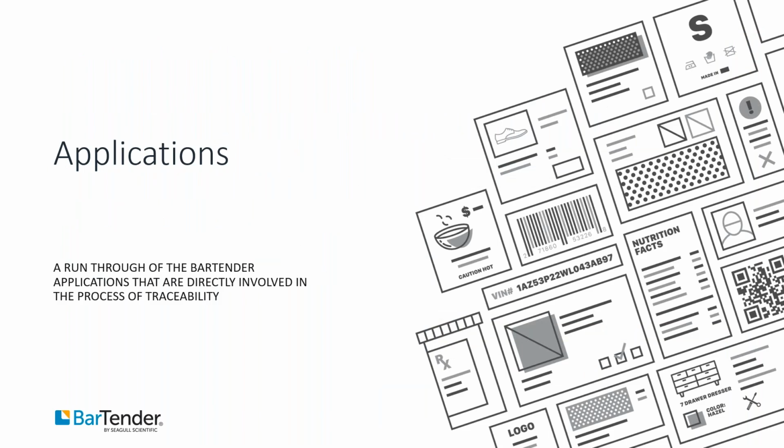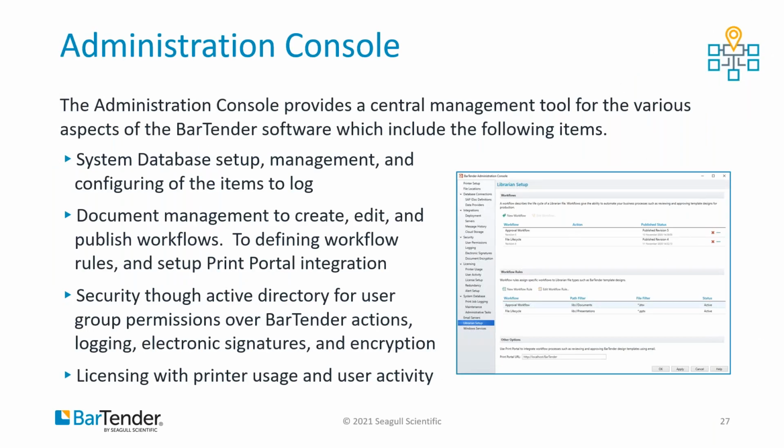Now let's take a look at the various applications beyond what we saw with Administration Console that are involved in traceability. Of course, the first one is Administration Console. And the Administration Console is not just about the aspects of traceability. It covers various miscellaneous topics of the BarTender software in terms of managing, setting up and configuring the use of the software.